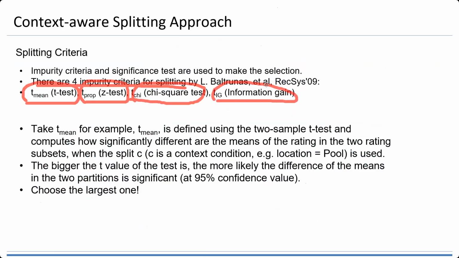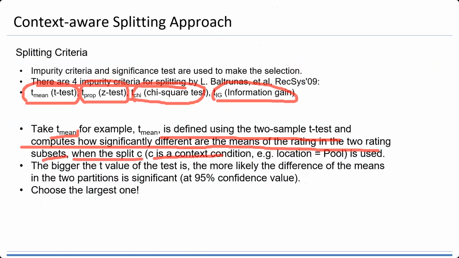So if you use the statistical tests, let's say I'm using the t-test, it is the two-sample t-test and computes how significantly different are the means of the rating in the two rating subsets when the split C.